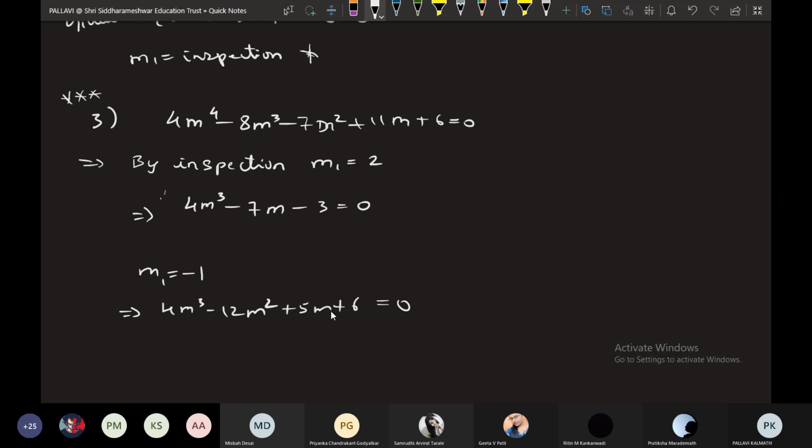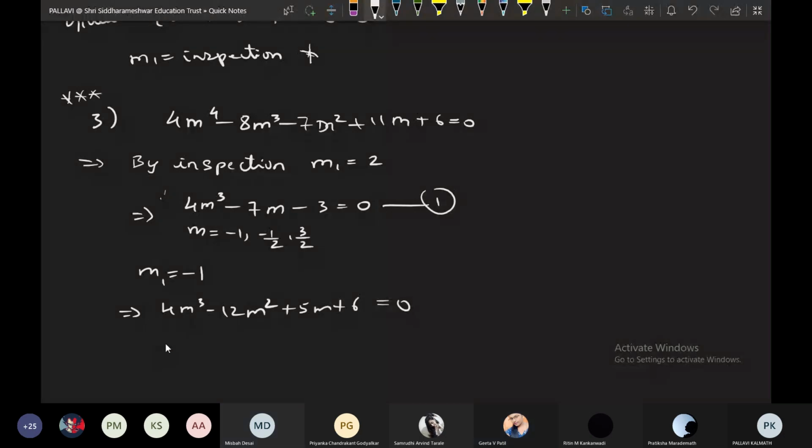When you use the calculator and find the roots of the first cubic equation, what remaining 3 roots do you get? 3 by 2, minus 1 by 2, and 2. Correct? Yes, ma'am.